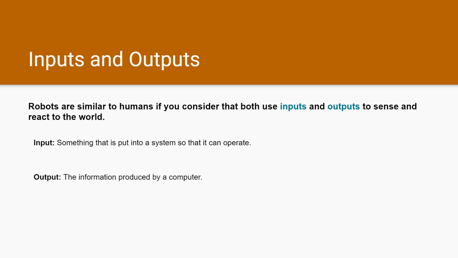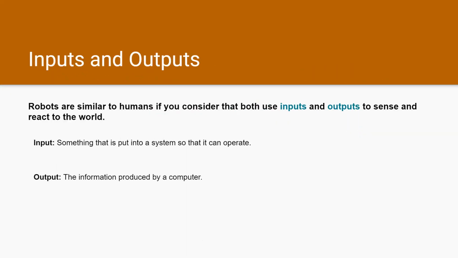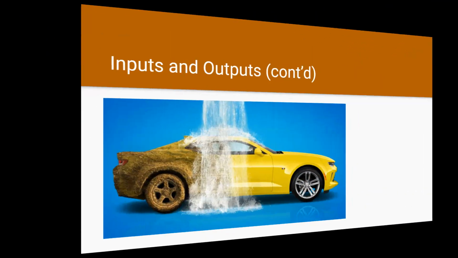So it's kind of like cause and effect a little bit, but not exactly. I guess the input does cause the output, but it's not exactly the same thing. Output is the information produced by a computer, and in this case, that's only the definition for this programming unit.